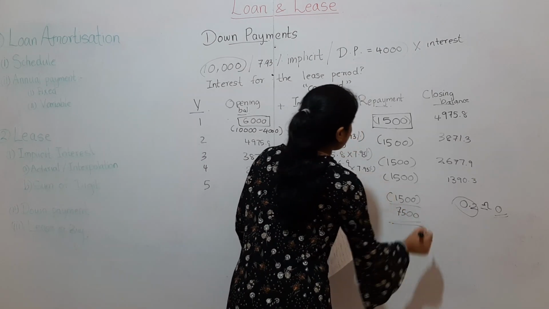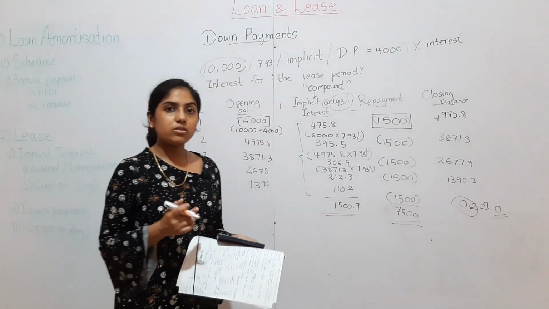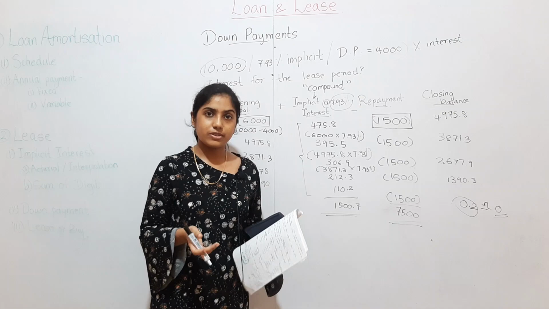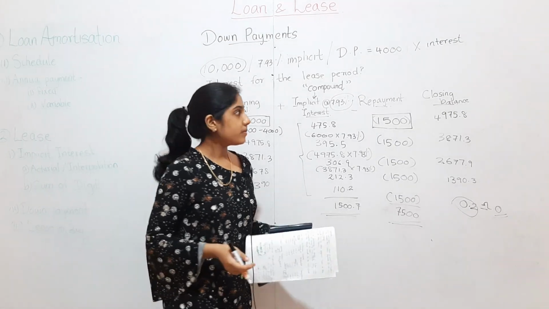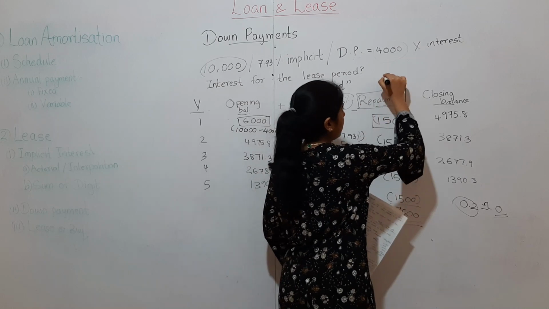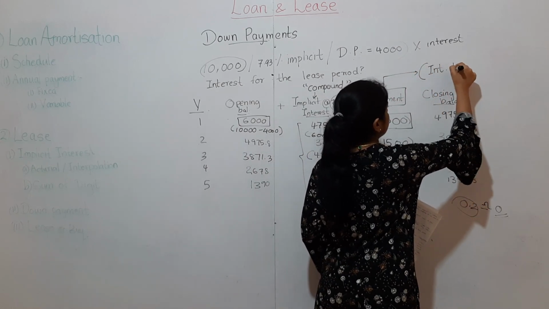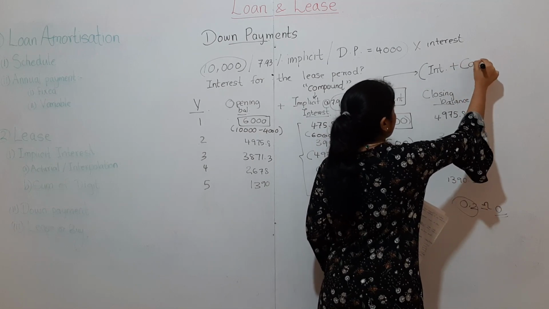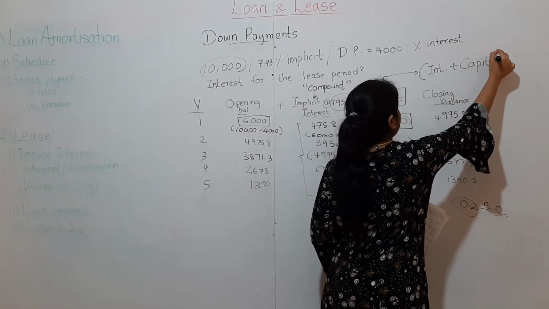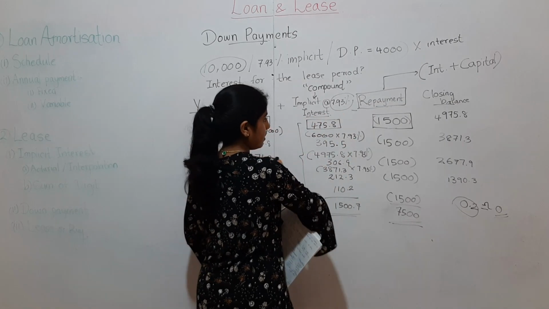7,500. Another important thing to note when it comes to your loan amortization schedule is that this repayment is interest plus capital. That means it includes this 475.8 interest.